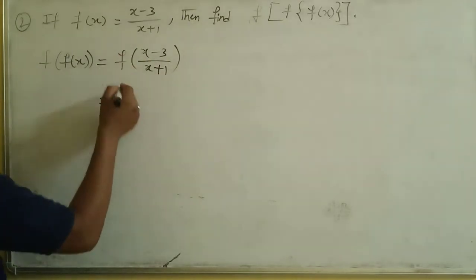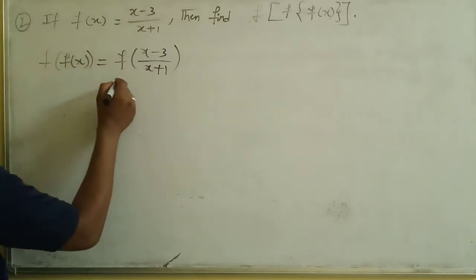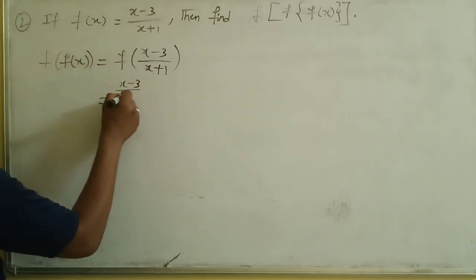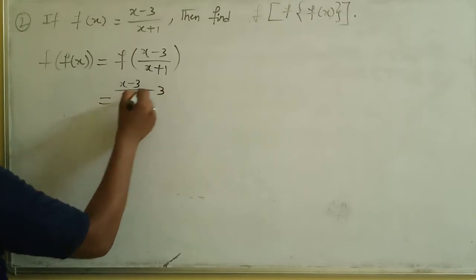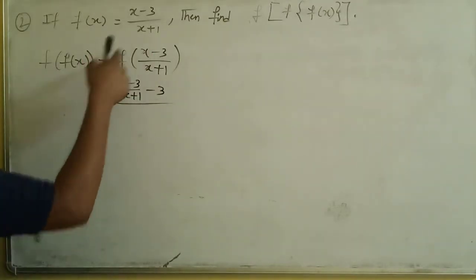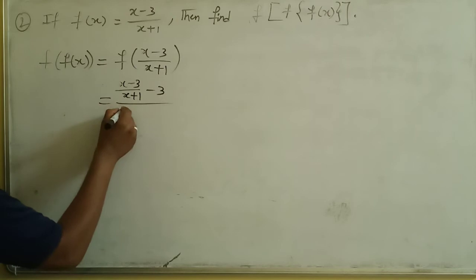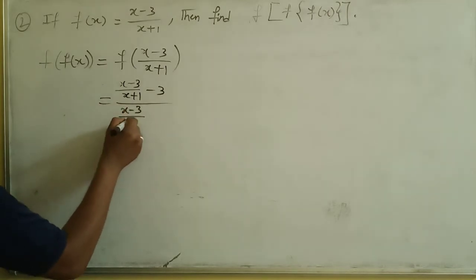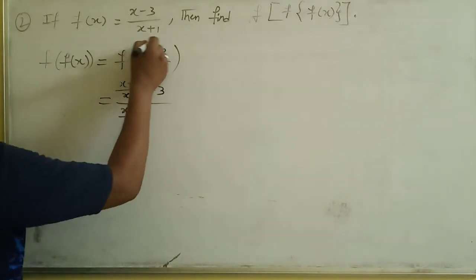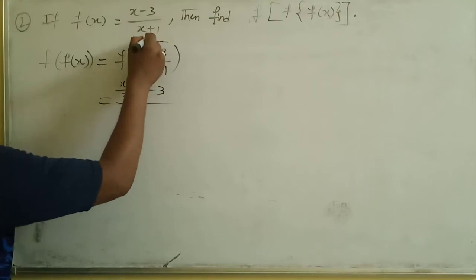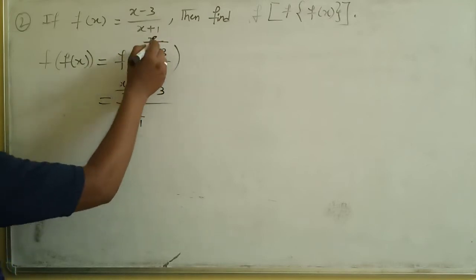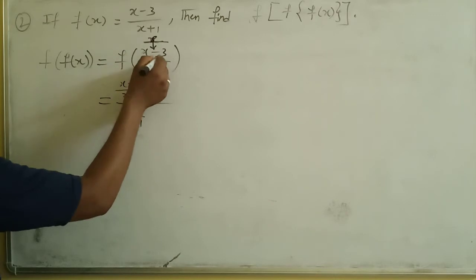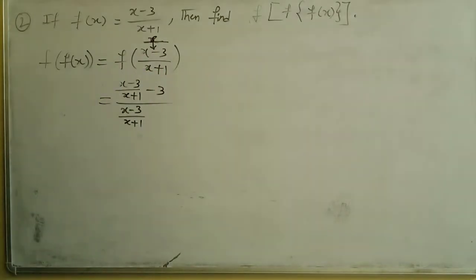So you can write x minus 3 upon x plus 1 minus 3, upon x minus 3 upon x plus 1 plus 1. Here this whole x minus 3 upon x plus 1 is to be thought of as x. Then only it is possible to solve this problem.